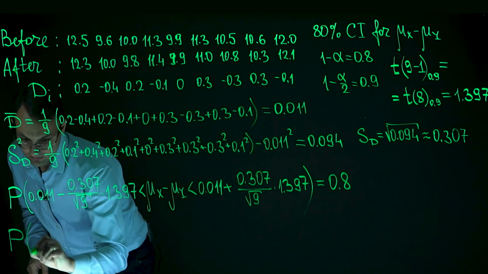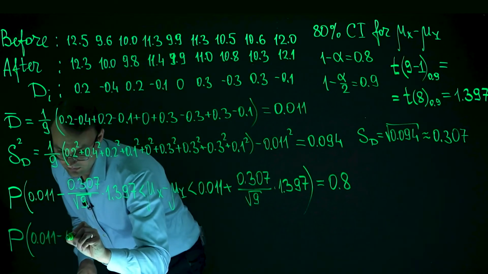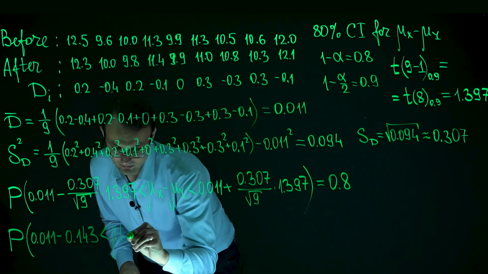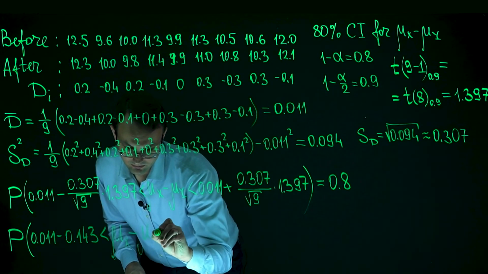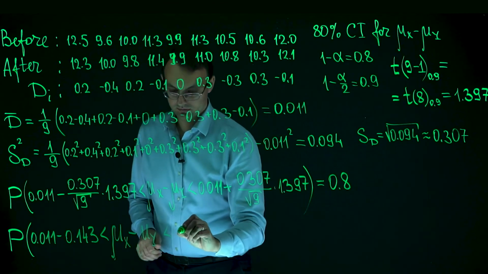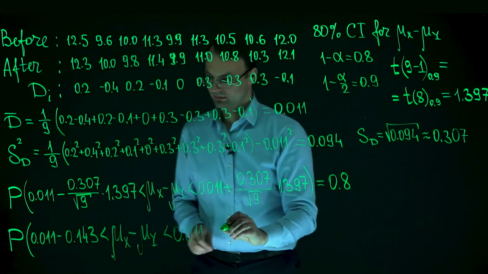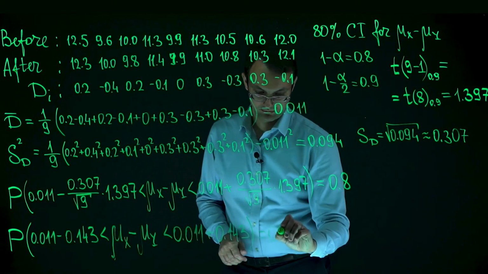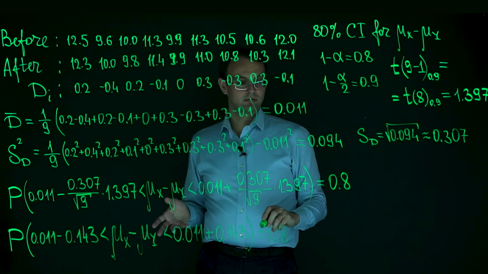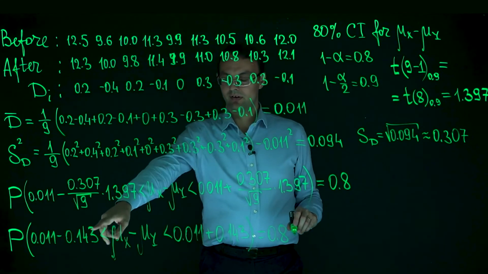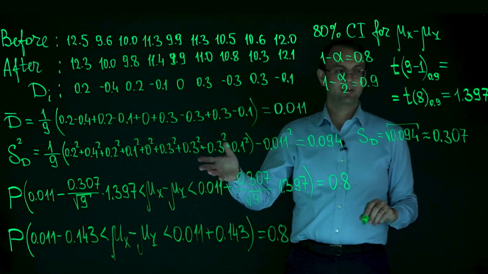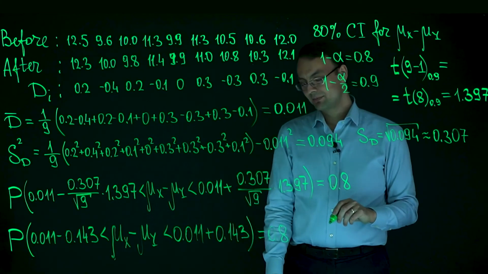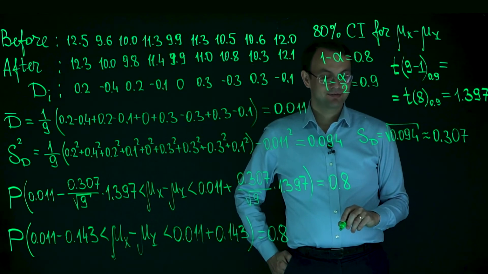And finally, the left endpoint of the interval is minus 0.132, and the right endpoint is plus 0.154.